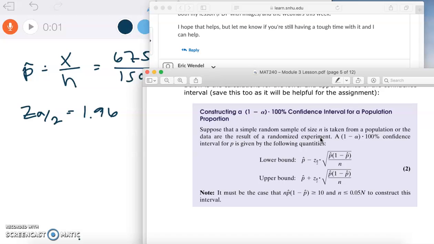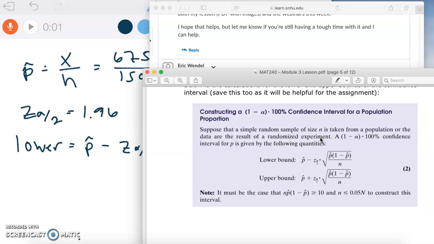So let's look at our lower bound. Lower is going to equal p hat minus z alpha over 2 times the square root of p hat times 1 minus p hat all over n.